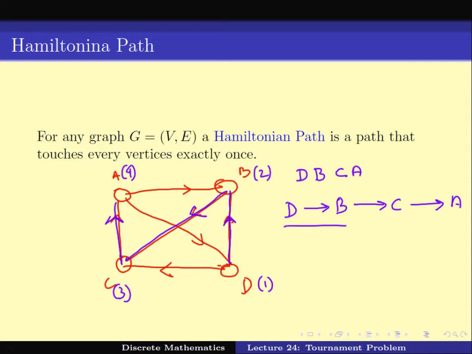This is what I have to get: a path which touches every vertex exactly once.